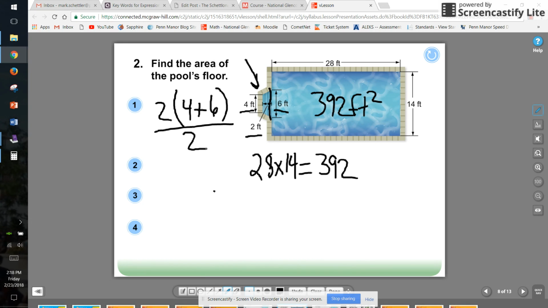Order of operations tells us to do the parentheses first. 4 plus 6 is 10. And then I would take 2 times 10, which is 20, divided by 2, and that'll give me 10 feet squared.